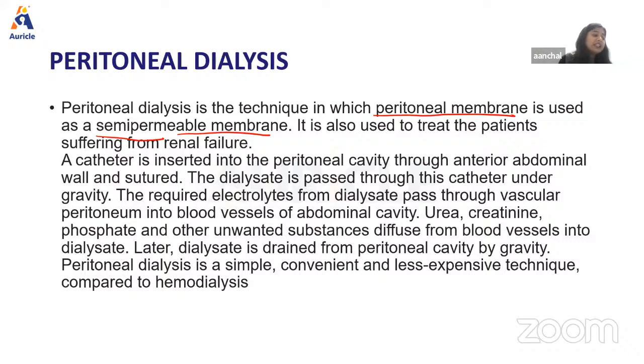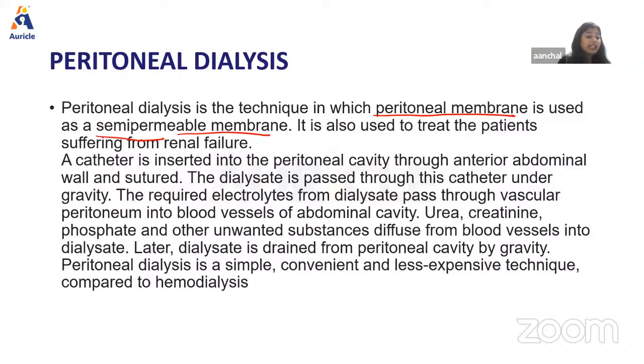The dialysate is passed through the catheter under gravity. The required electrolytes from the dialysate pass through the vascular peritoneum into the blood vessels of the abdominal cavity. Then the unwanted substances present, like urea, creatinine, phosphate, and others, diffuse from the blood vessel into the dialysate that we have used.